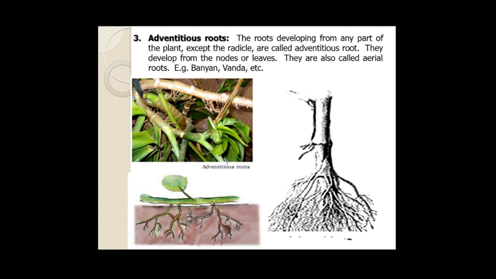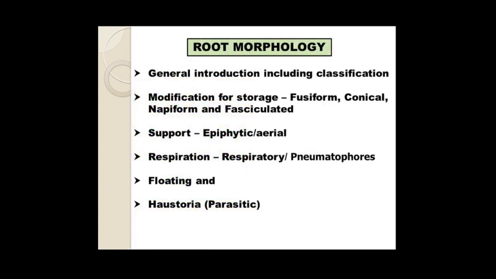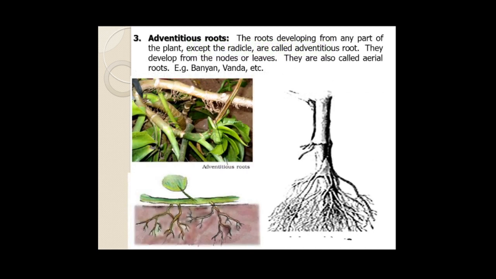Example, you might have seen the hanging roots of banyan, or it is usually called the stilt root, that is supporting roots, and the orchid Vanda you can see, and even in the common plant, that is money plant, which we usually grow in our home garden, you can see the roots develop along the stem, that is basal side of the stem. So this is about the types of roots.